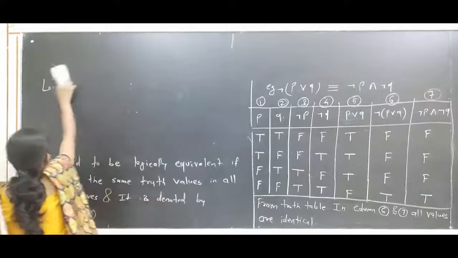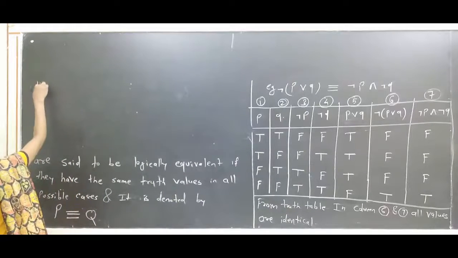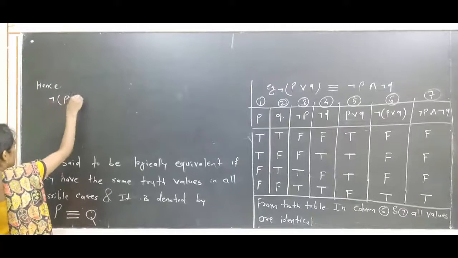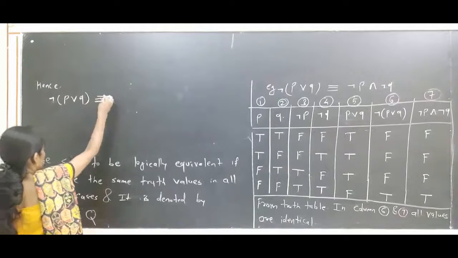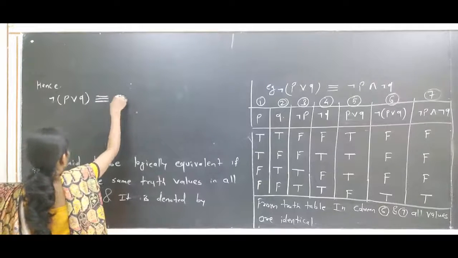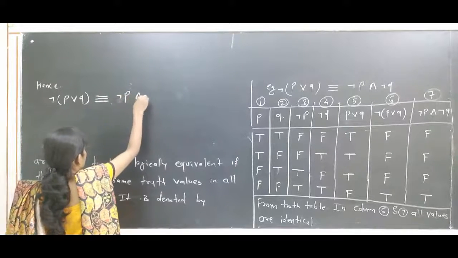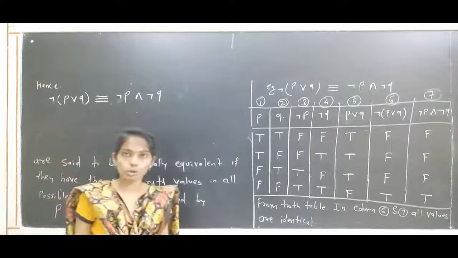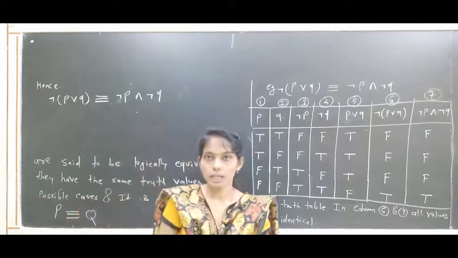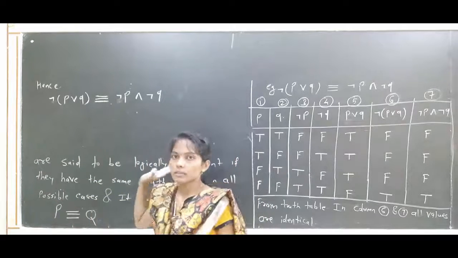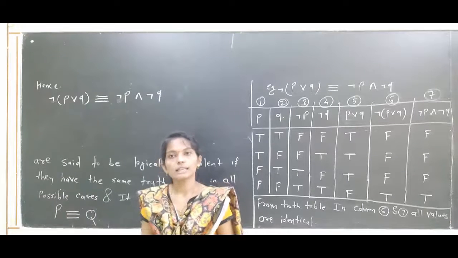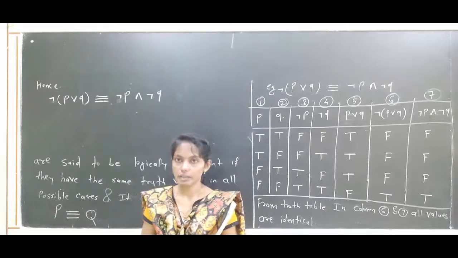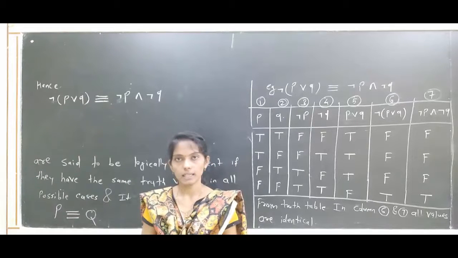Hence negation of P or Q is logically equivalent to negation P and negation Q. Get it? How to show two compound propositions are logically equivalent? If the truth values in all cases are the same, then we say the given compound propositions are logically equivalent.